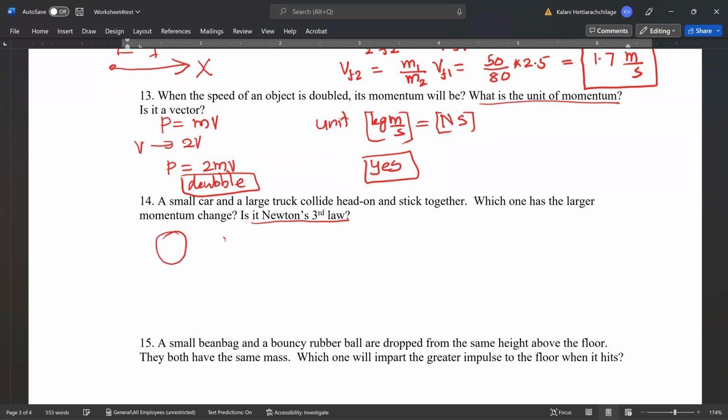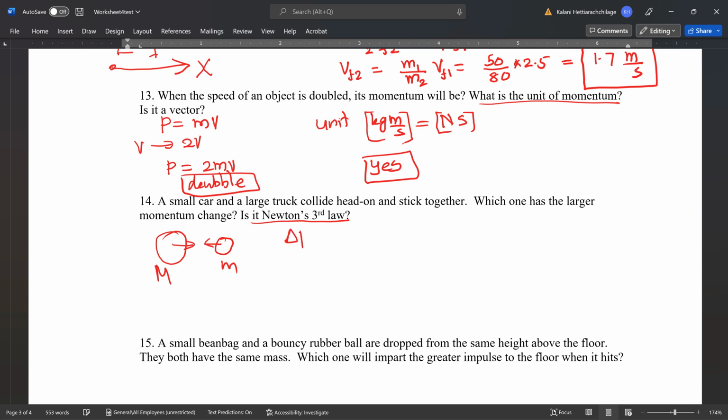It doesn't matter which one is small or which one is larger. When they have the head-on collision, they definitely have the same momentum change. That means they have the same force and time. That means the change of momentum, that is the impulse, is basically the same.